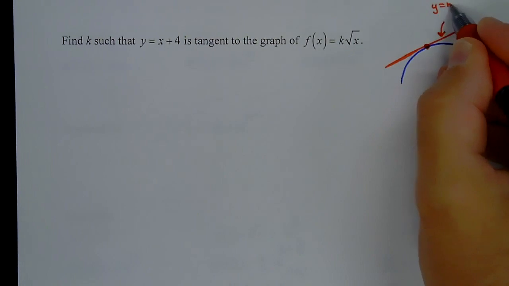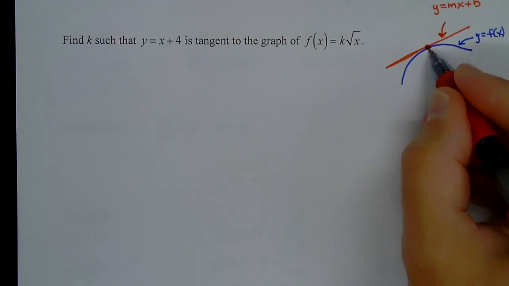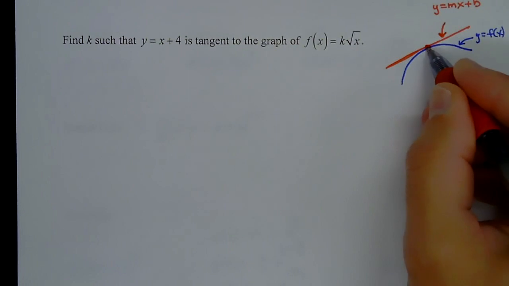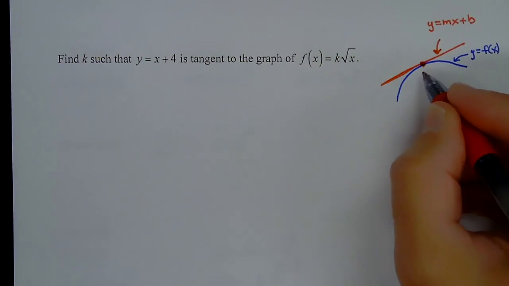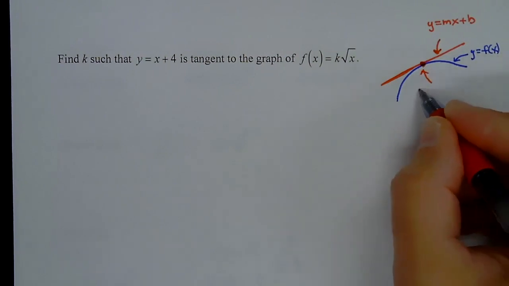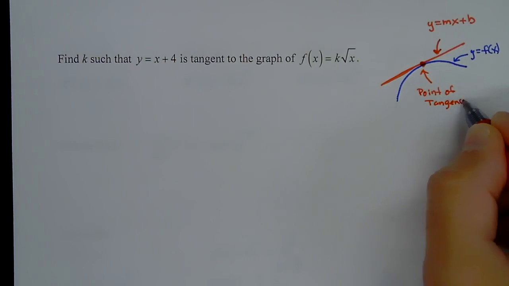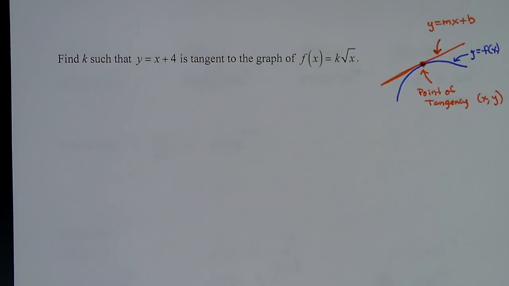It's a line, so it's y equals mx plus b, okay? And then we know that this line and this curve share this point where they touch. That's called the point of tangency. And at that point, they both have the same x and the same y coordinate.